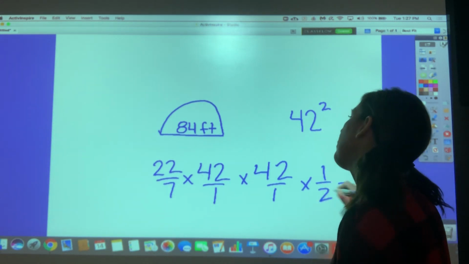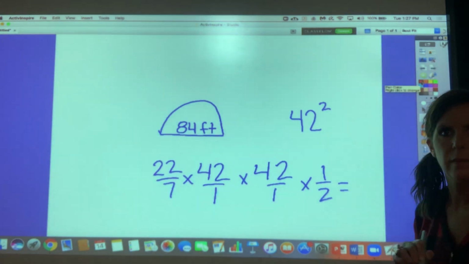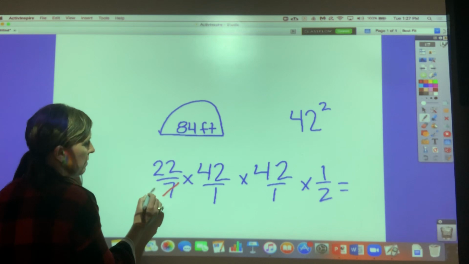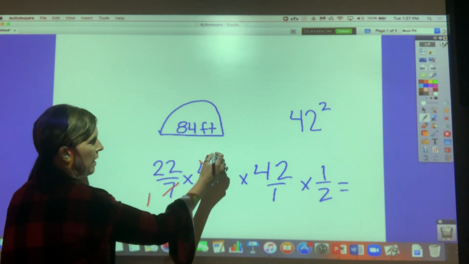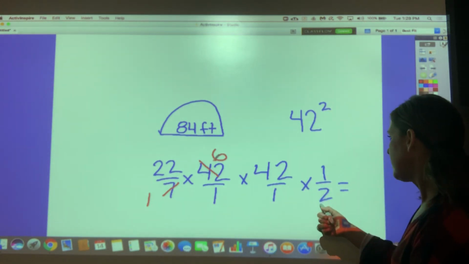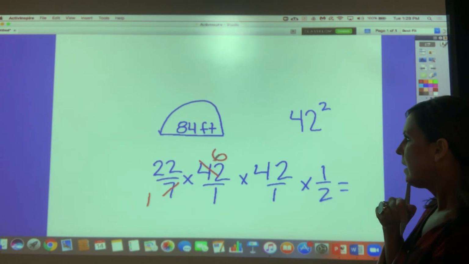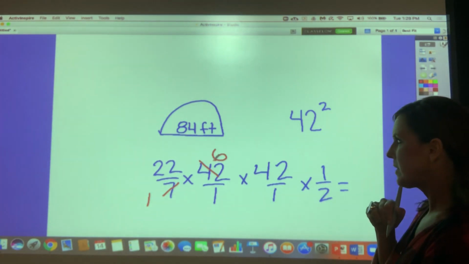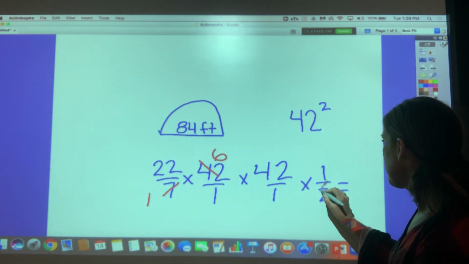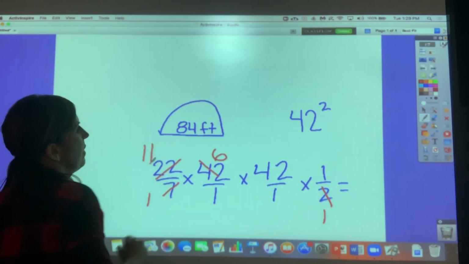Okay, we're going to be able to cancel quite a bit away, which will make this problem easier. Let's start with the 7. The 7 goes into itself once, and it goes into 42 6 times. We can cancel the 2 with the 22, which is easier. I cancel it, make it a 1, and it goes into 22 11 times.